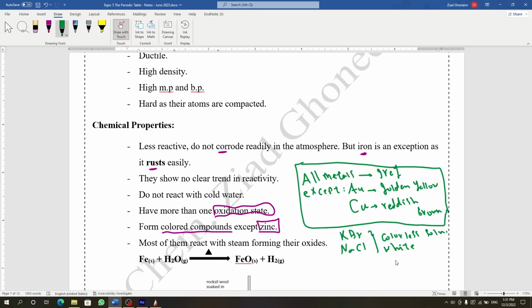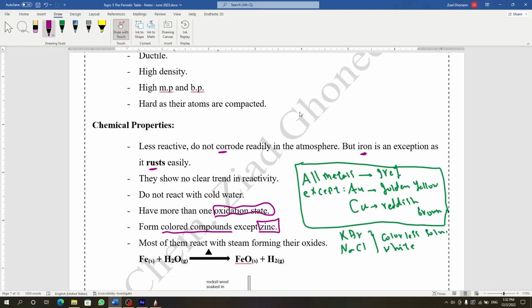Now to transition metals. Transition metals form colored compounds except for zinc. So for example, potassium permanganate KMnO4, that's a colored compound. Zinc compounds are colorless, right? So zinc chloride, zinc bromide, all of these are colorless compounds. So if you are ever comparing between an alkali metal and a transition metal, for example, sodium and manganese, sodium reacts with cold water, manganese does not react with cold water.